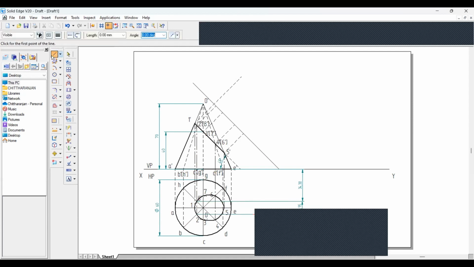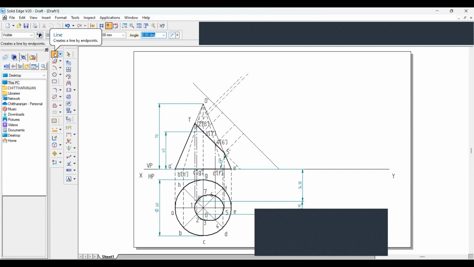Draw that there. Angle should be 45 degree, the first length is 34.38, and now again make an angle of 45 degree with the length 13.95. So you have 2 points here, one is here and one is here.